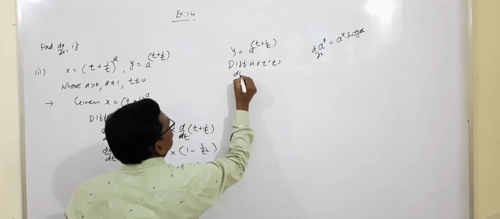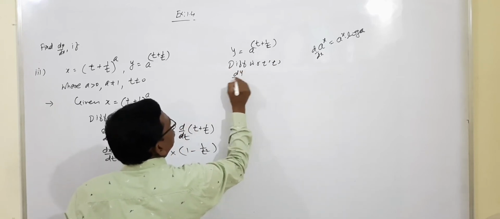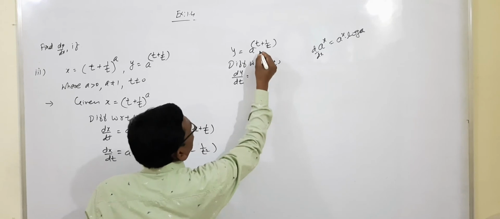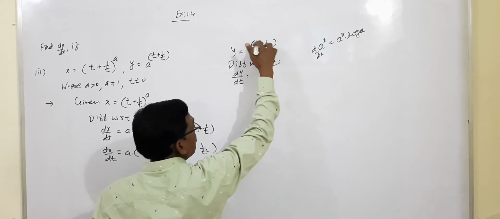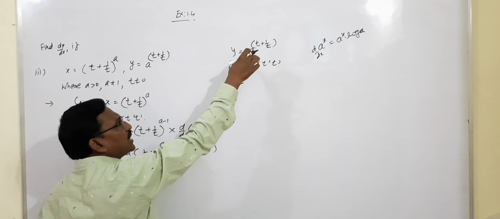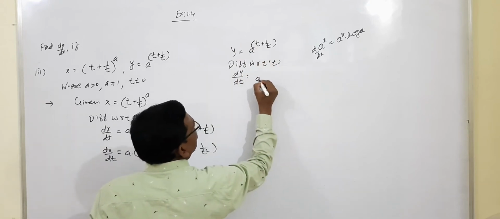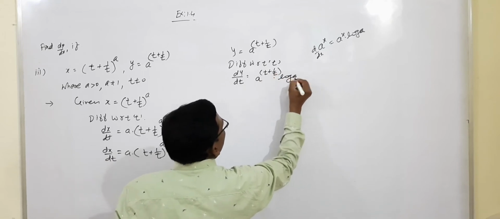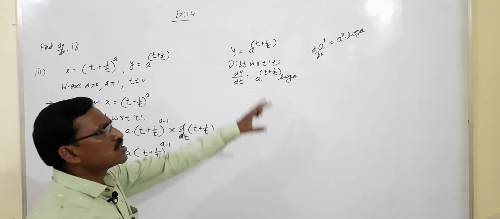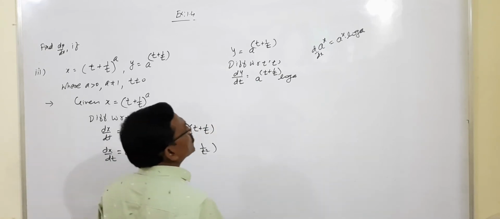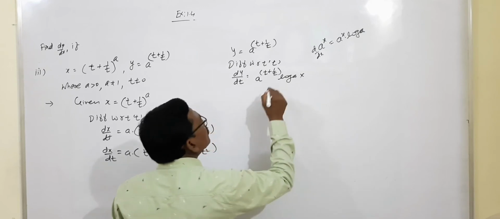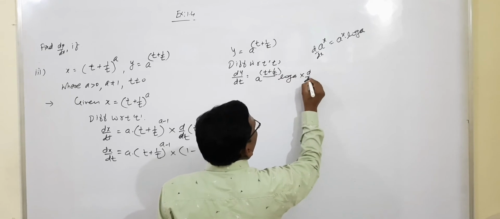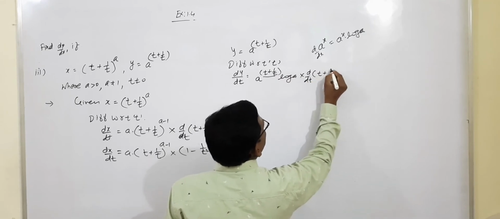So the derivative of y with respect to t, dy by dt, is equal to the derivative of a raised to x, where this bracket means x here, so it is a raised to this bracket into log a, that is, a raised to t plus 1 by t into log a. This is the standard formula for the derivative of the exponential function a raised to x, into, again by chain rule, the derivative of this function, the derivative of t plus 1 by t.